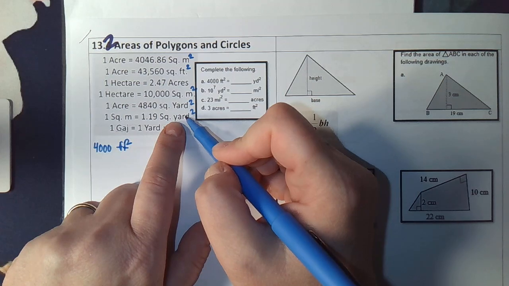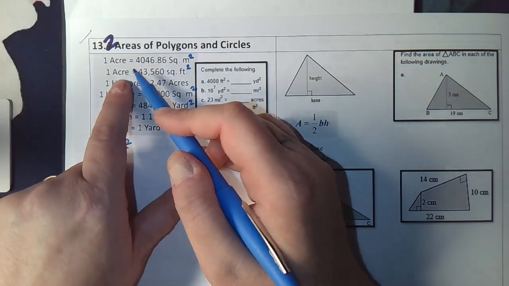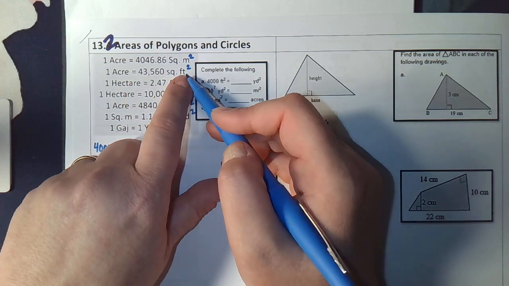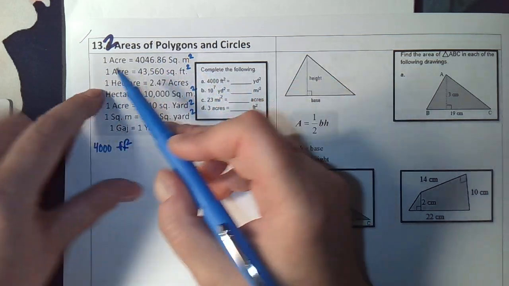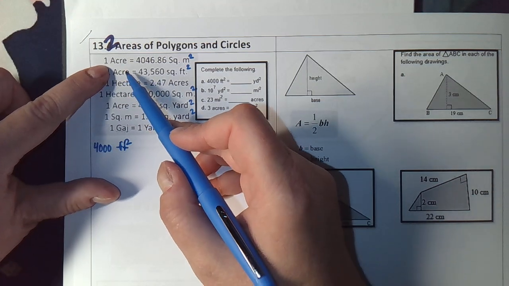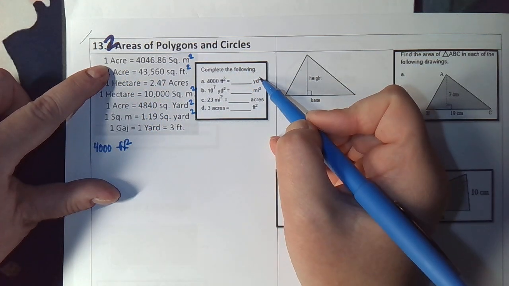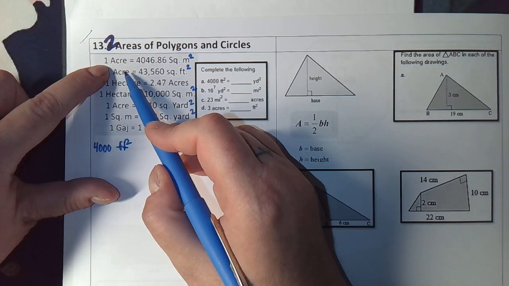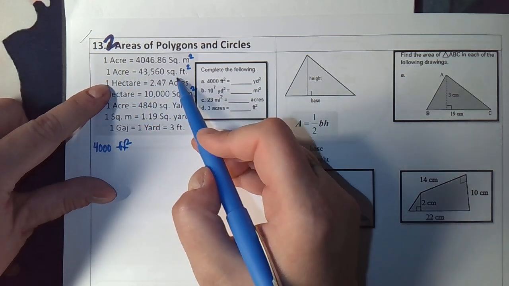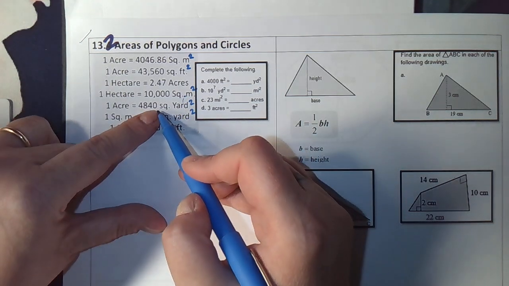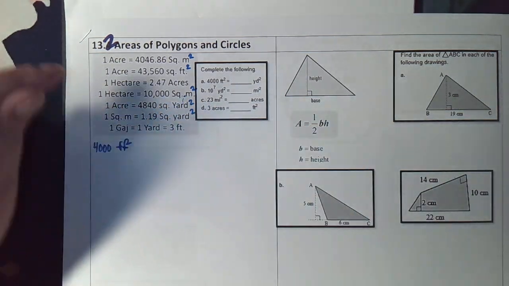So, for example, here's square feet. It's 43,000 whatever. Square feet leads me to acres. Now the question is, could acres lead me to square yards? Well, let's look if anything says acre equals square yards. Acre equals square yards. So that's how we're going to get there.